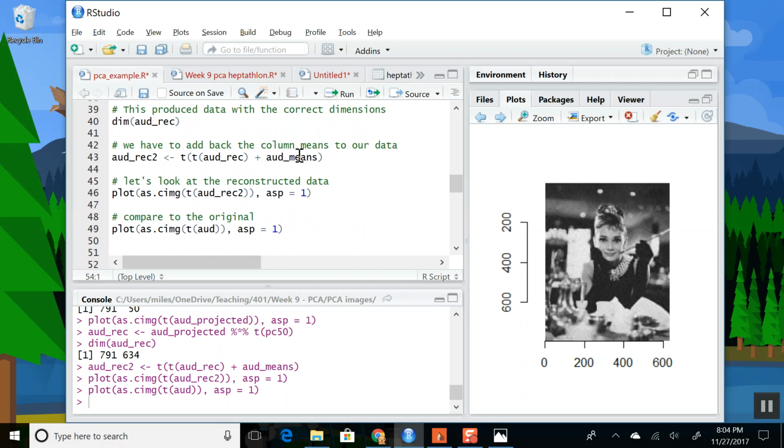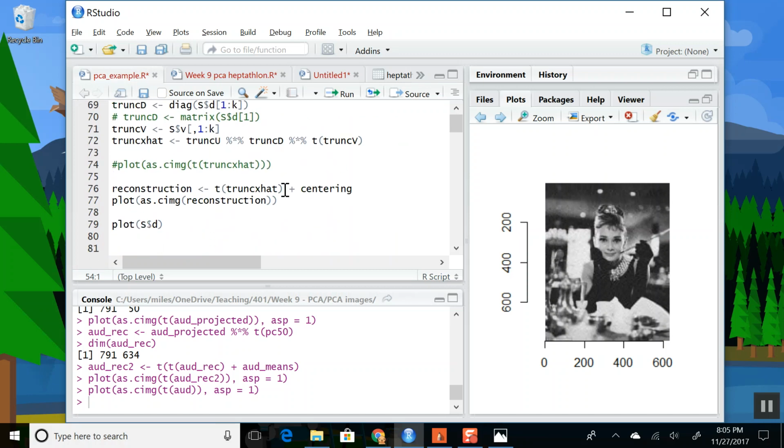And this is the idea of taking our very high dimensional data. In this case, we're treating the image as 791 observations of 634 variables each, because you can treat the rectangular image like that. And by principal components analysis, we've reduced that 634 down to 50, and that's what it does.